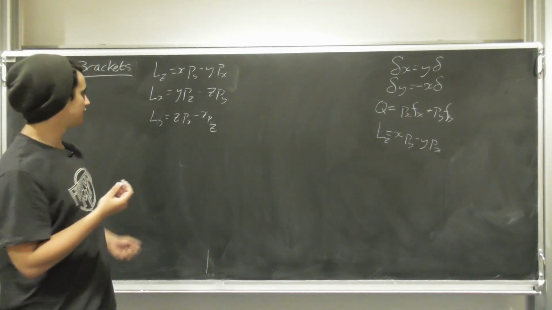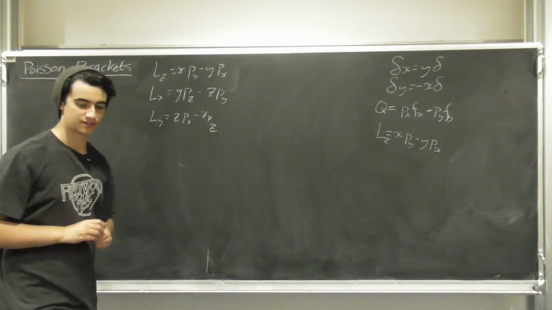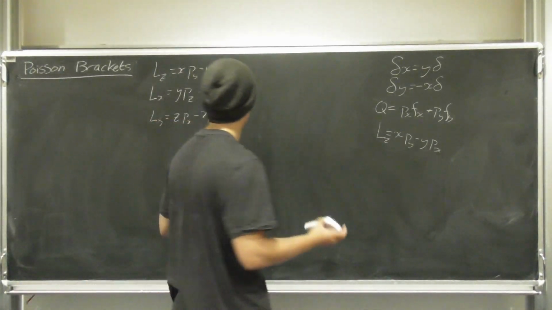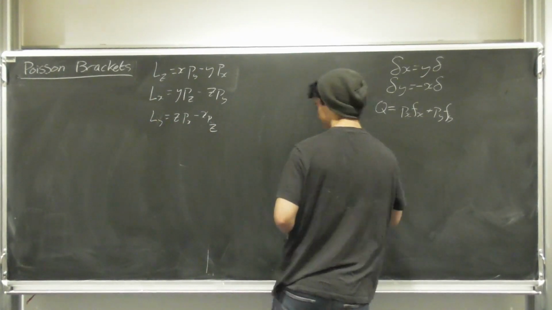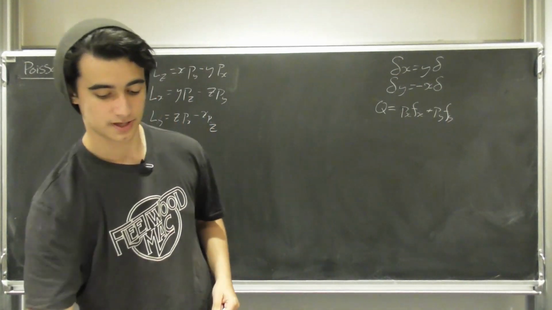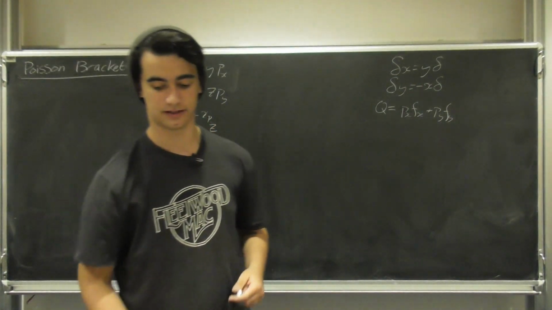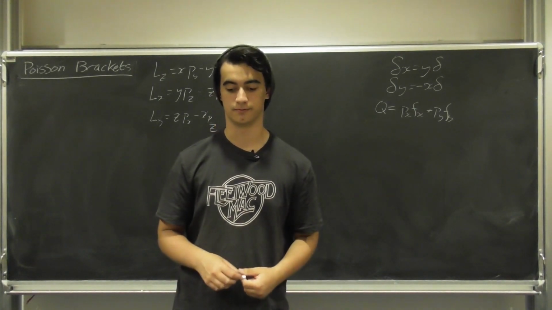Okay, so now that we have our different L sub z, L sub x, and L sub y, let's have a look at taking Poisson brackets with them.